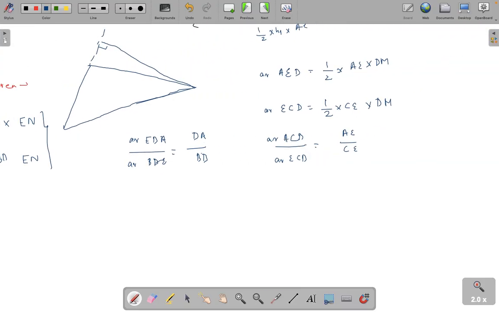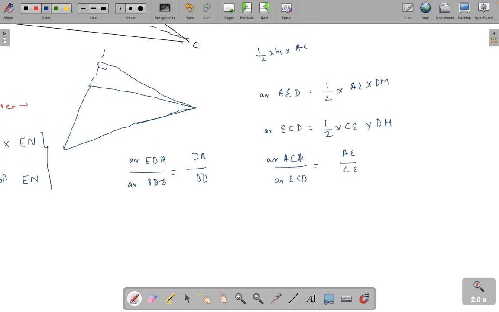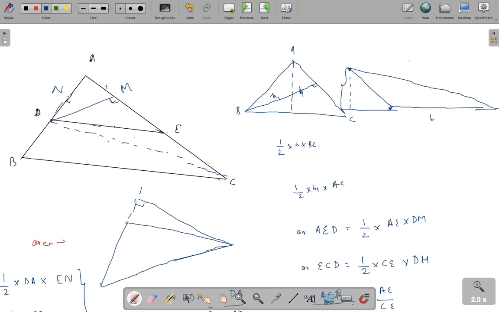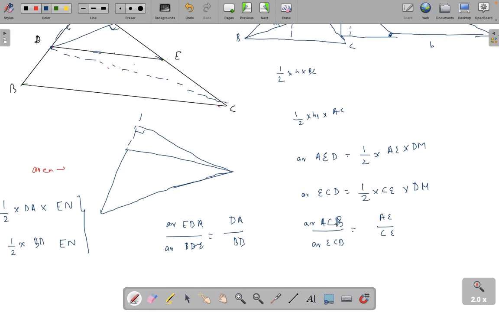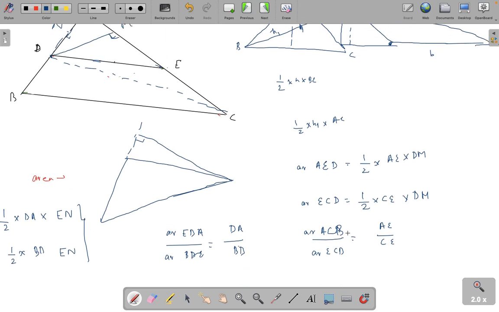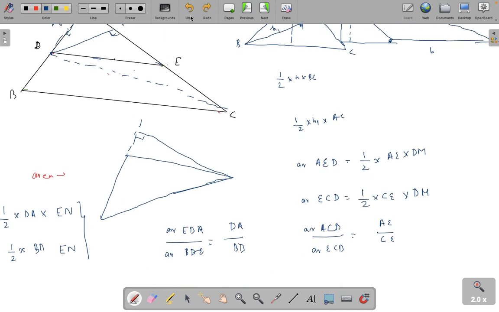Okay. And then from here, area of AED upon area of ECD is equal to AE upon EC.